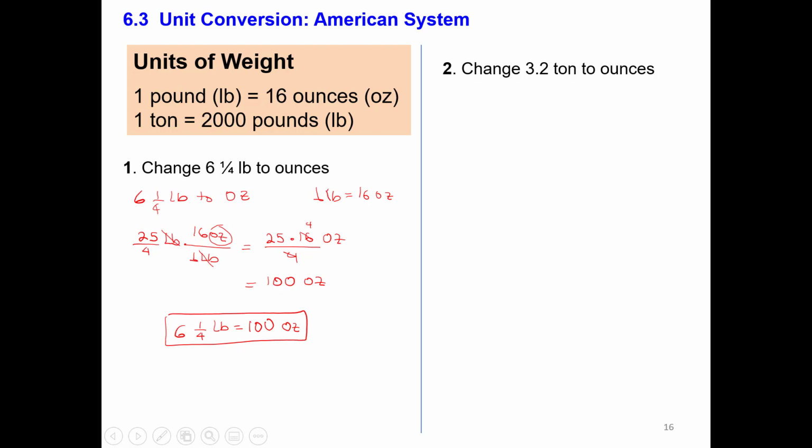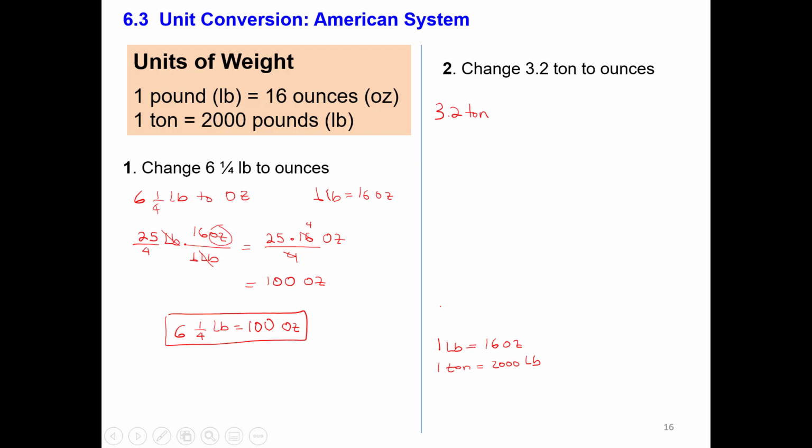In this case, we have to use a chain of conversion factors. Let me write the conversion factors here. 1 pound equals 16 ounces, and 1 ton equals 2000 pounds. These are the conversion factors. And let's write here 3.2 tons.